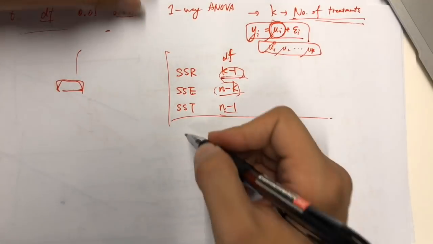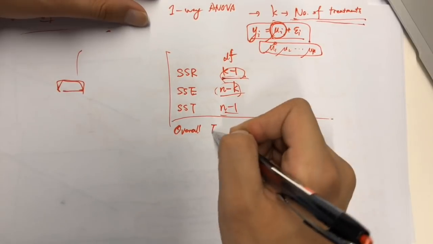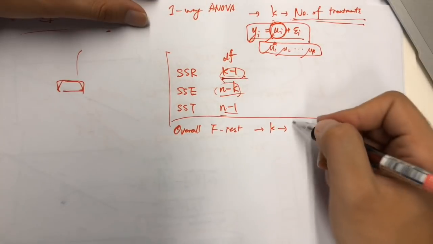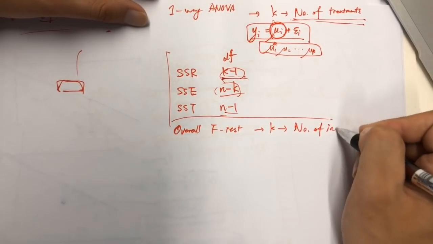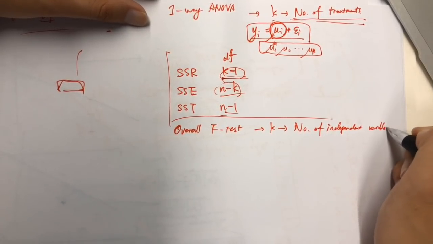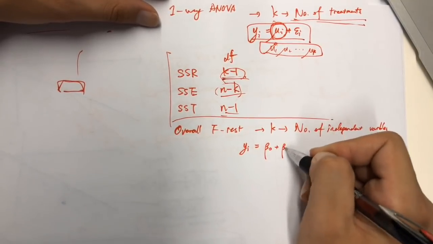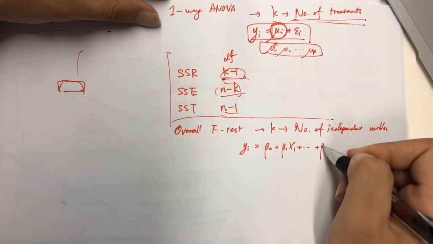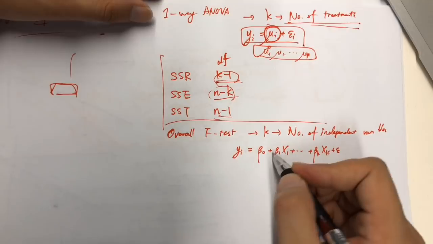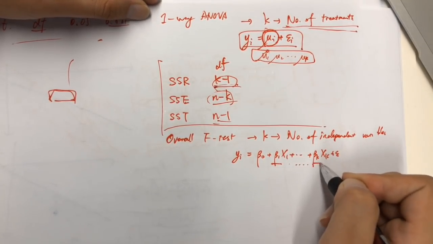But for our overall F test, the K now stands for what? The number of independent variables. So if we want to do a model estimation from beta 0 plus beta 1 x1 plus up to beta k xk plus epsilon, how many parameters do we need to estimate? We do have beta 1, 2, 3, 4 to beta k.